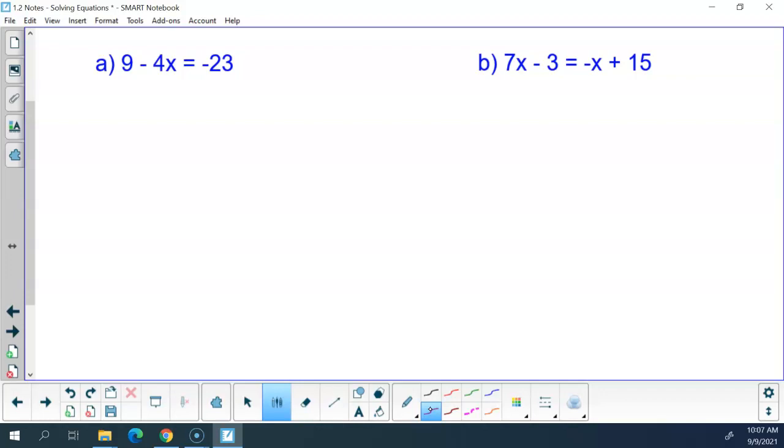Oh, we're not scared of negative numbers. No. So we're going to subtract 9 from both sides. Again, I'm a writer-outer of stuff, but I be the teacher, so I write.